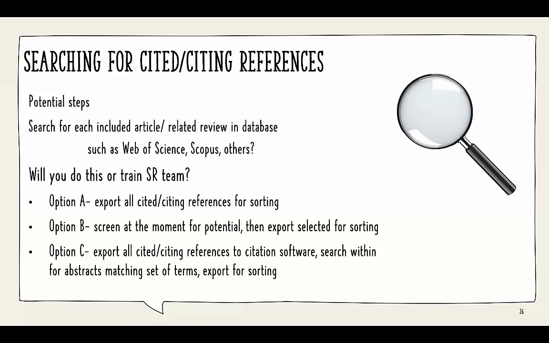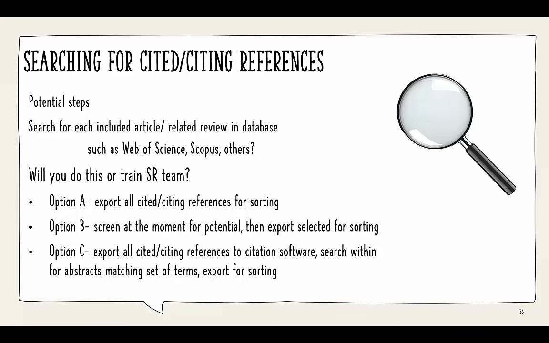And then there's lots of options for how you're going to deal with these. I've had some groups where they just want to grab all of those and go ahead and screen them. Or maybe they want to do a little bit of screening before they're even moved into, say, Covidence or Rayyan, and decide what they feel like they should go through.